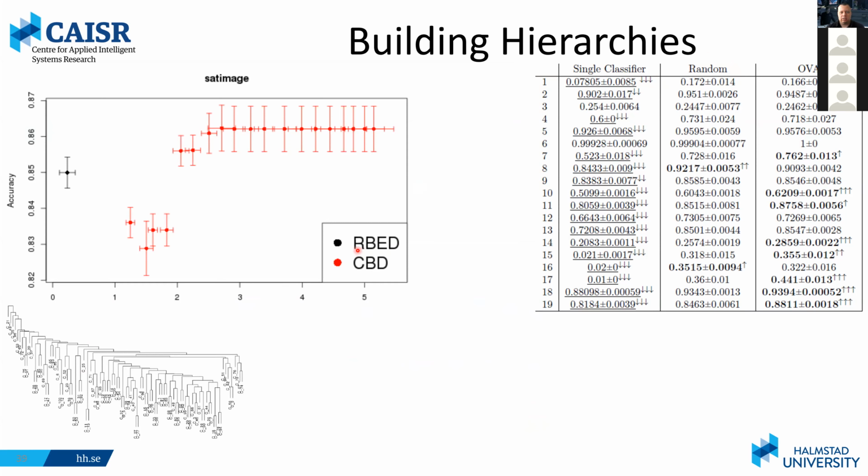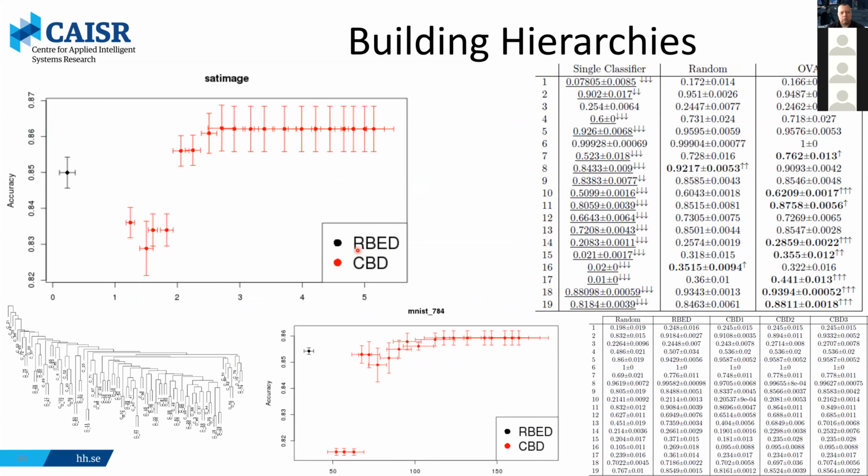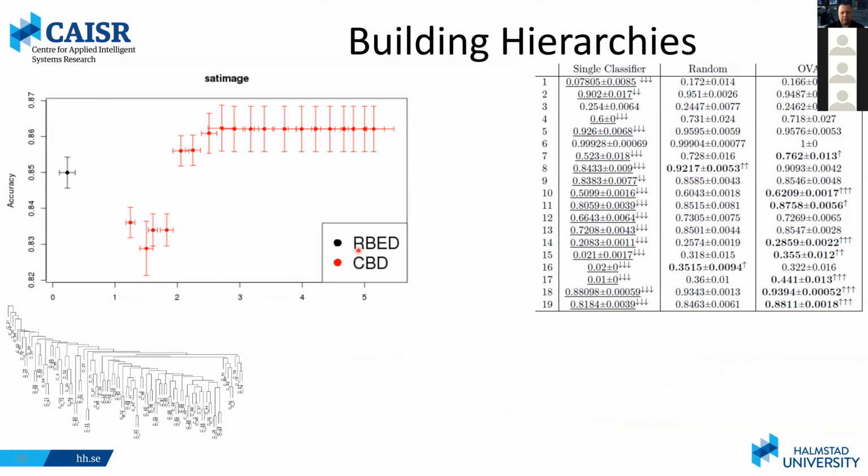The tricky part is how to measure this similarity. It turns out that you really need to measure the similarity in relation to your algorithm. You can also show that depending on the algorithm you want to use, the correct structure of the hierarchy will also change.